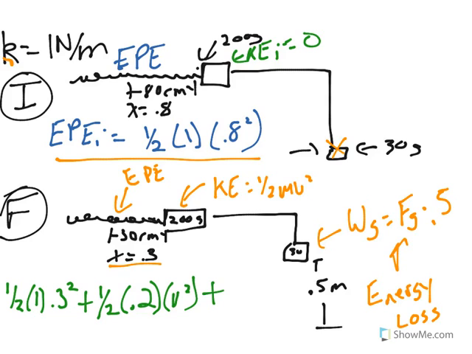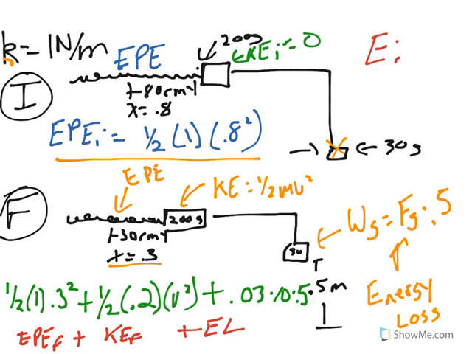Force of gravity is equal to mass times 10, so we go 0.03 times 10, times the height, 0.5 meters. So this is the elastic potential energy final, this is the kinetic energy final, and this is the energy lost. Okay? So we have all of this equal to this plain little equation right here because energy initial equals energy final.